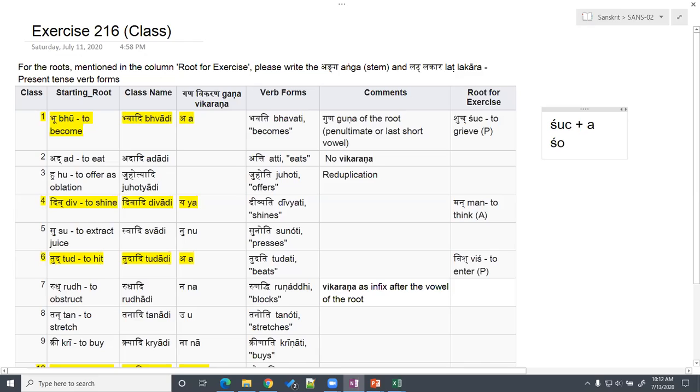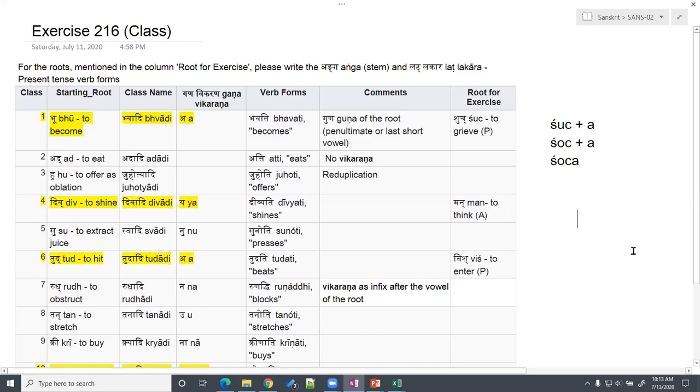Guna is okara, and then this is the stem. So stem will be shocha. So shochati, shochataha, shochanti, like that.